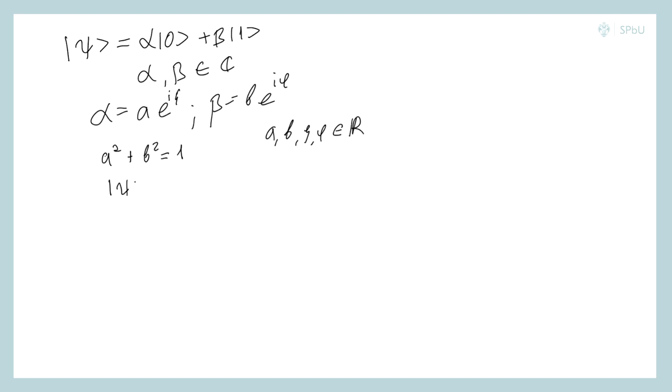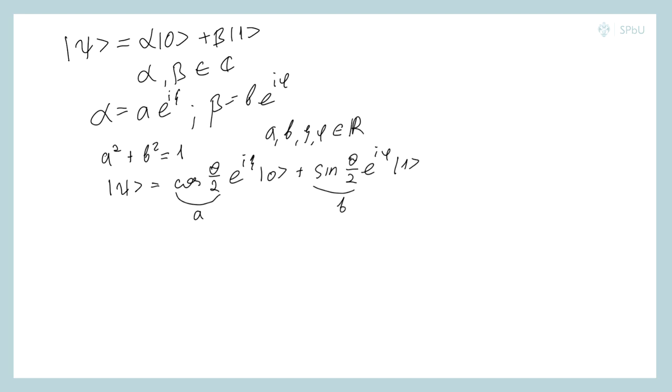Psi equals cosine theta in half e to the power i psi in the state 0 plus sine theta in half e to the power i phi in the state 1. Here cosine of theta in half and sine of theta in half are just the numbers a and b.